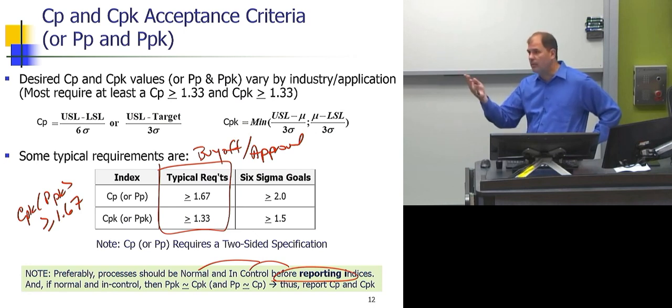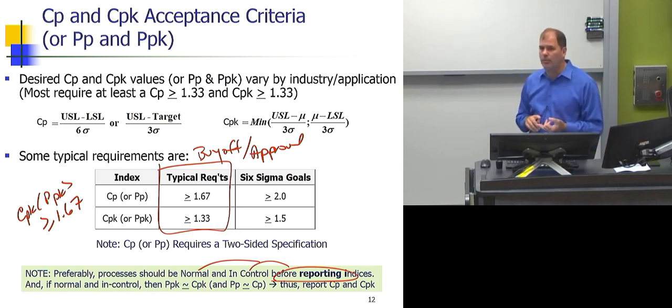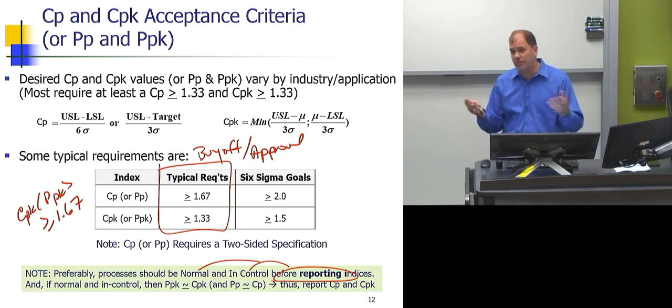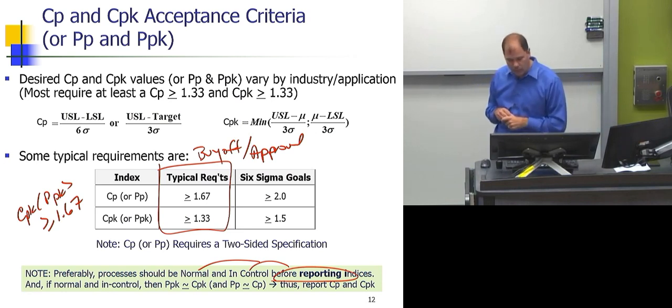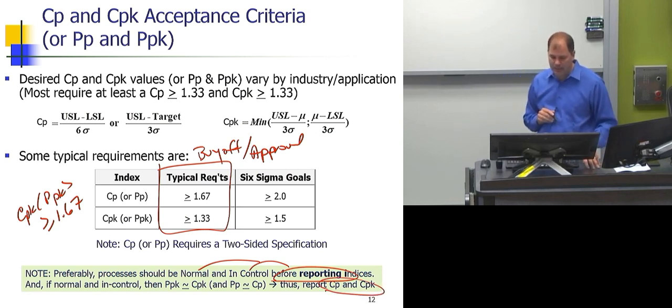And therefore, sigma overall should be roughly the same as sigma within. I'll say this again. If you're going to say, in order for you to report your indices, you must demonstrate normal and in control, then these indices should be basically the same. The calculations are slightly different because of different formulas. In that case, people would say report CP and CPK.